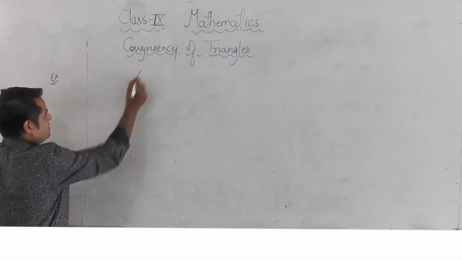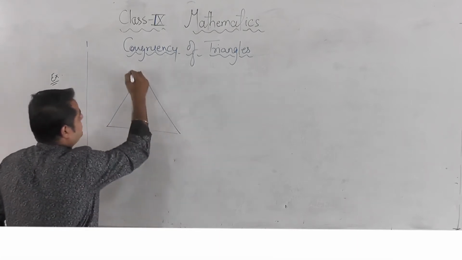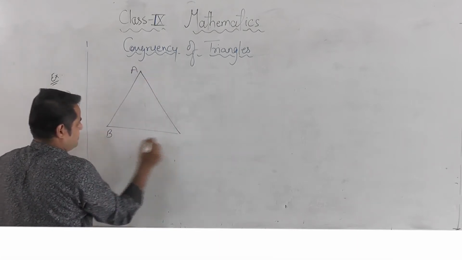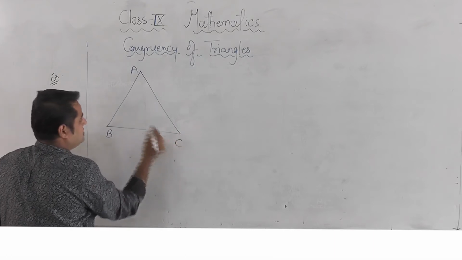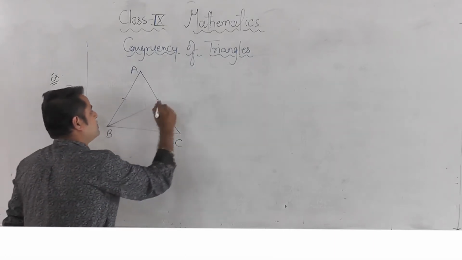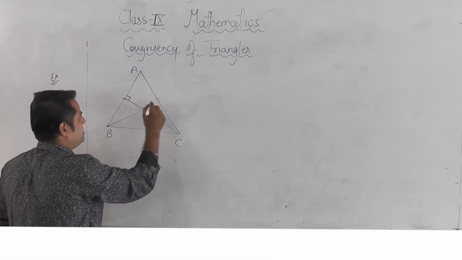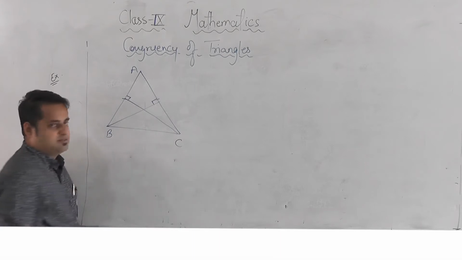There is a question given in that exercise: the isosceles triangle ABC, which has two sides AB and AC equal, having two altitudes from B and from C on the two sides AC and AB, like this.